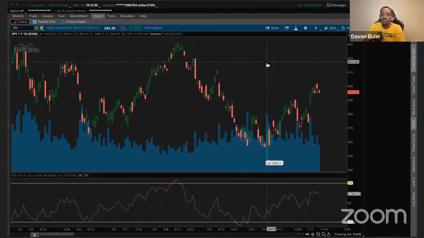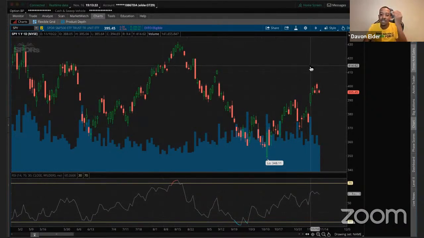On top of that, the volume was 147 million shares traded, the second highest trading day that we've had in almost 5 months. That tells you that this is a very important level, and the market is telling you something when you see the volume that high.